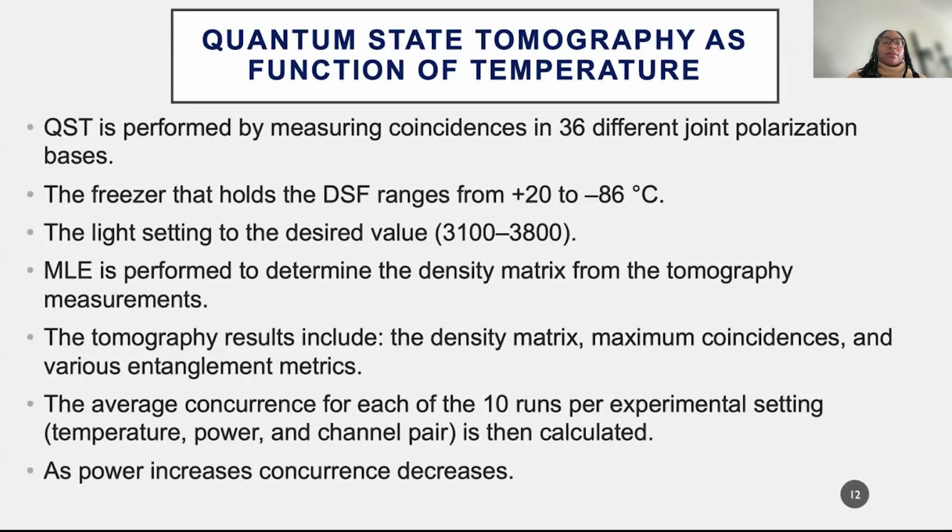The maximum likelihood estimation is performed on each tomography run. The tomography is performed on all 4 channel pairs at each power setting at the various temperatures, and the average concurrence for each of the 10 runs per setting was calculated.